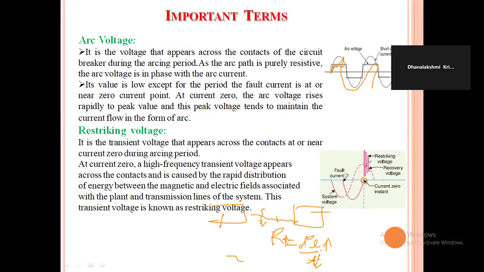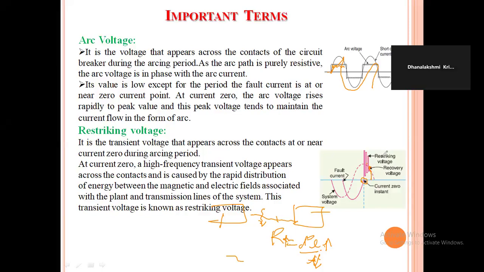This transient voltage is the restriking voltage. After final arc extinction, the restriking voltage settles to the system voltage. This is called recovery voltage. The recovery voltage is equal to the system voltage. So these are the important terms of arc.